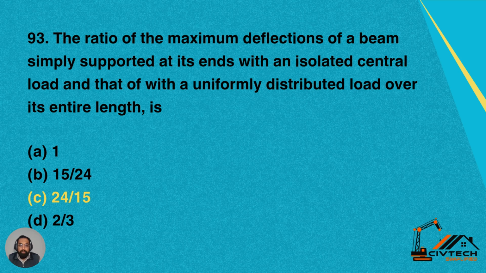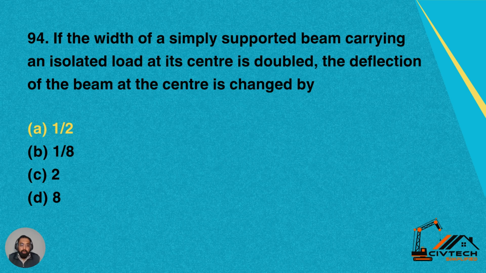What is the ratio of the maximum deflections of the beam in case of simply supported beam with an isolated central load and that of the uniform distributed load over the entire length? Option A, 1, option B, 15 by 24, option C, 24 by 15, option D, 2 by 3. So C is the correct option. The ratio is 24 by 15.